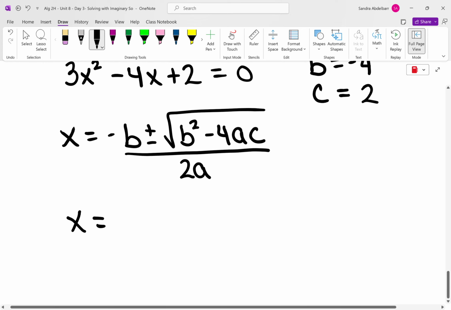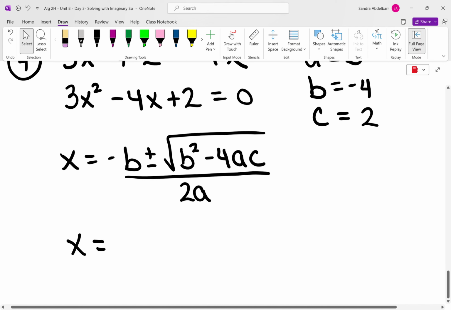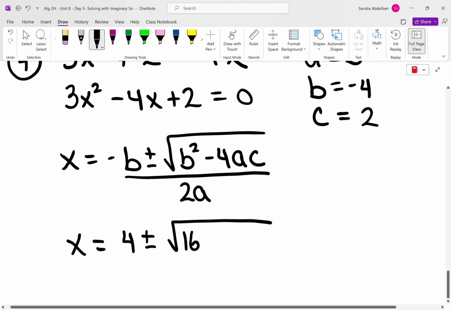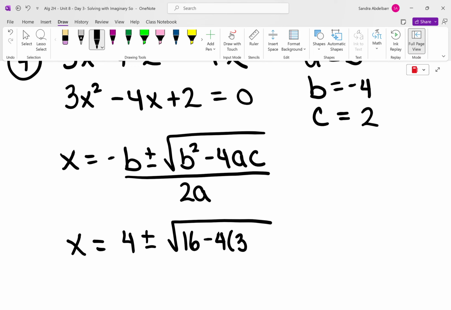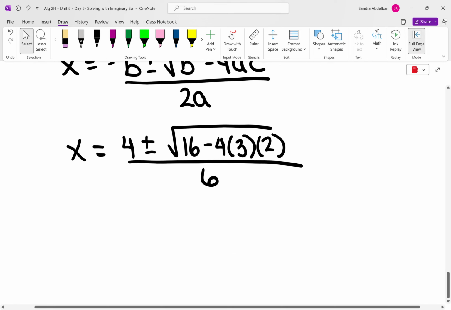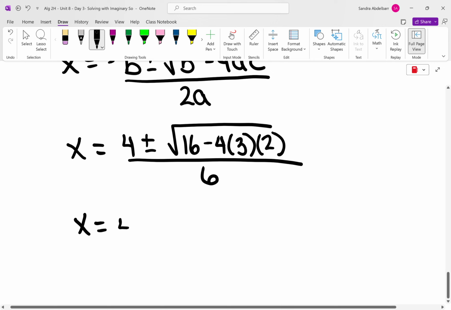So now we just plug right into the formula. So we are going to have positive 4 plus or minus the root of 16 minus 4 times 3 times 2 all over 6.